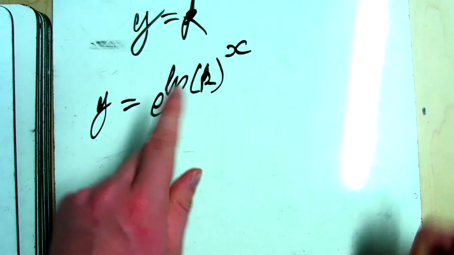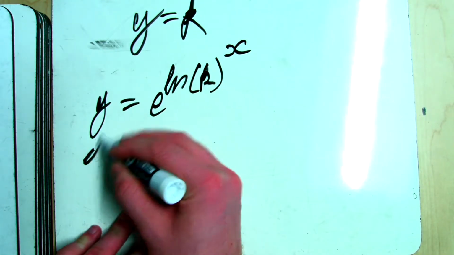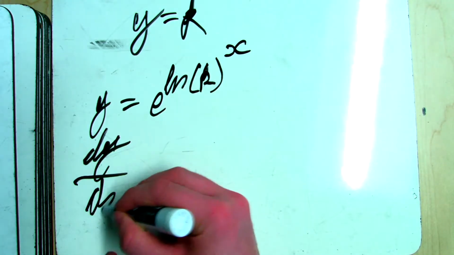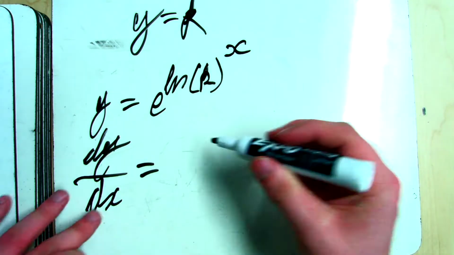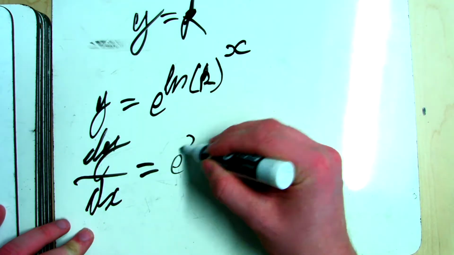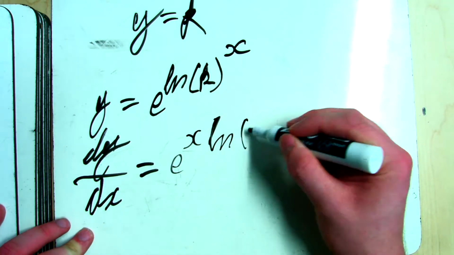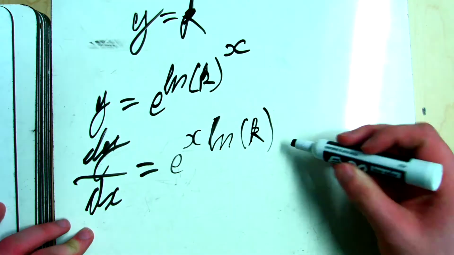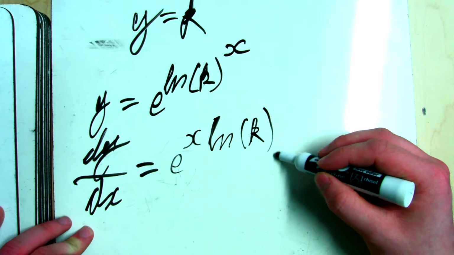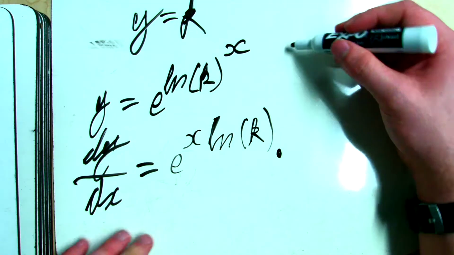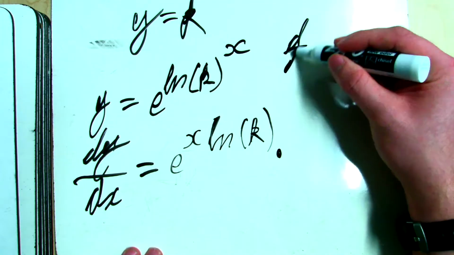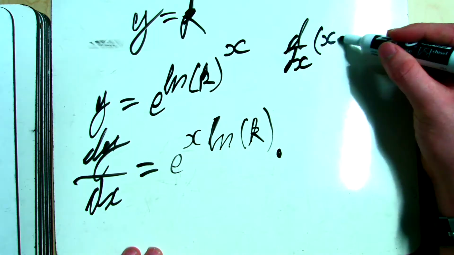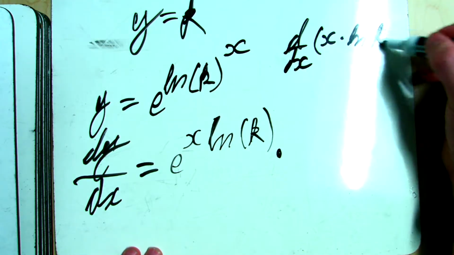And then we derive that to get dy/dx equals e to x times the ln of k, which is the original problem with x brought down, times the derivative of x times the natural log of k.